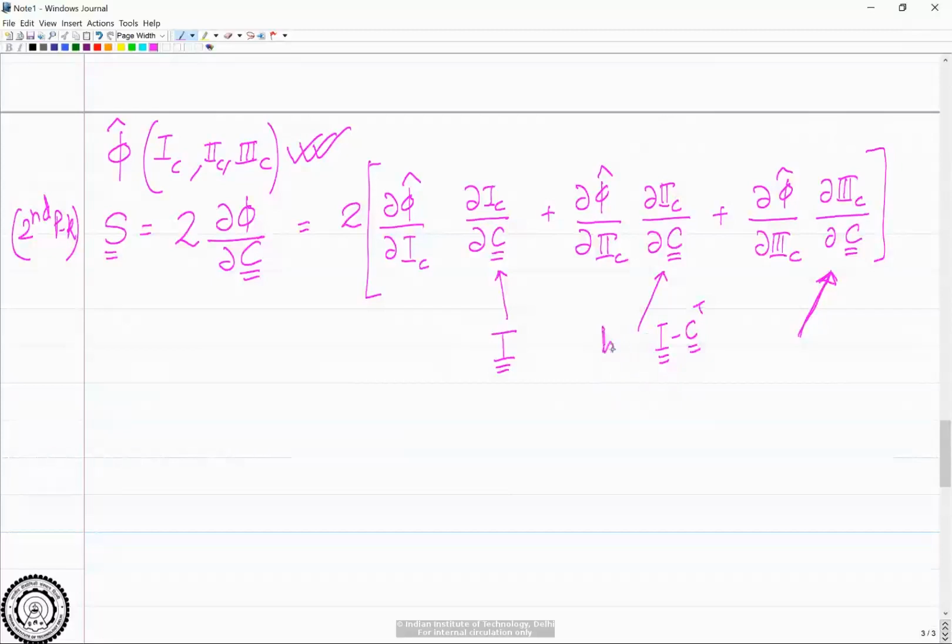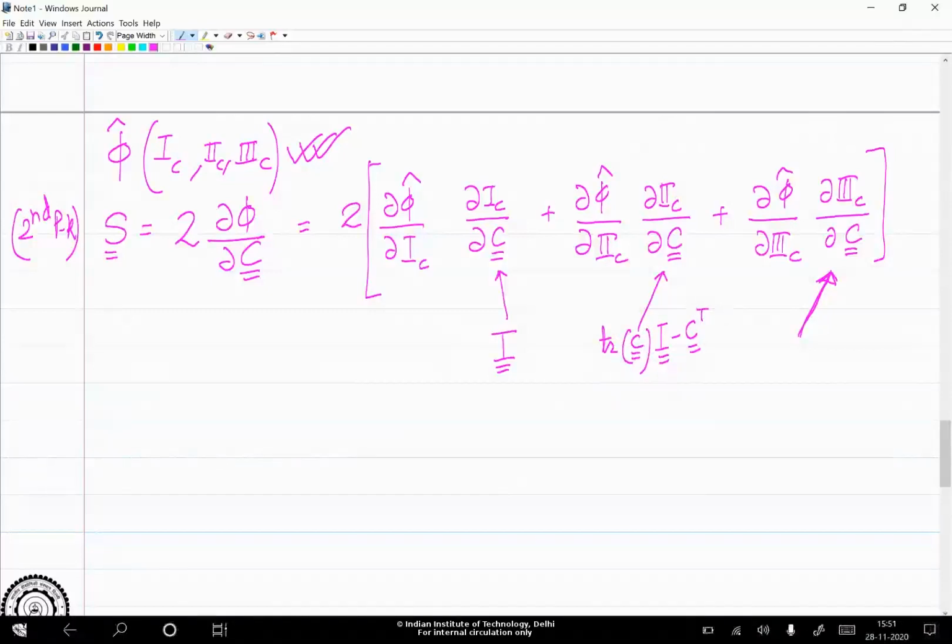And what about this last one? This was in your assignment, no? Determinant multiplied by gradient of V, I think. But sir, that was the time derivative.